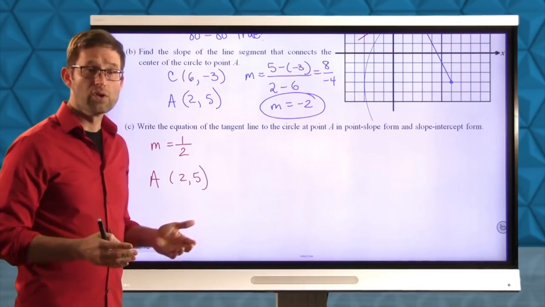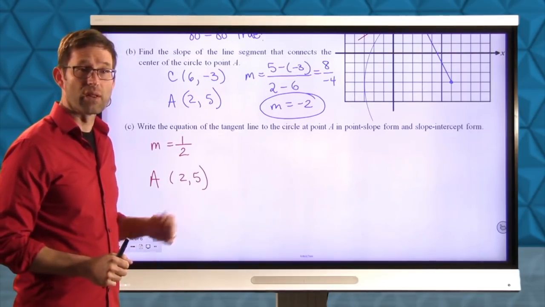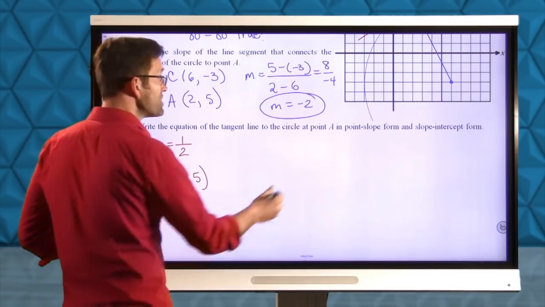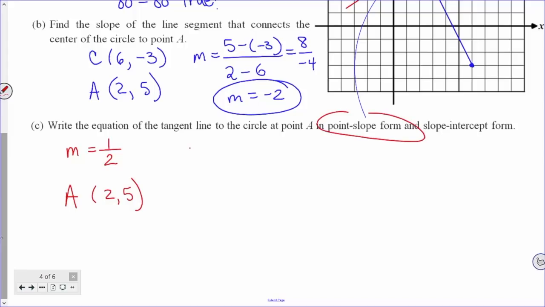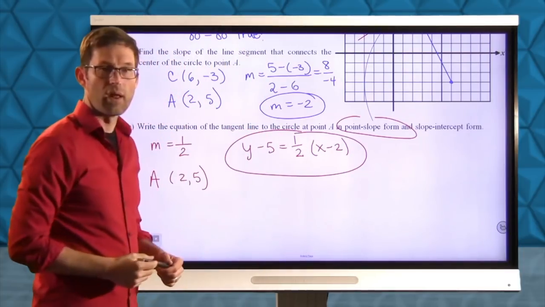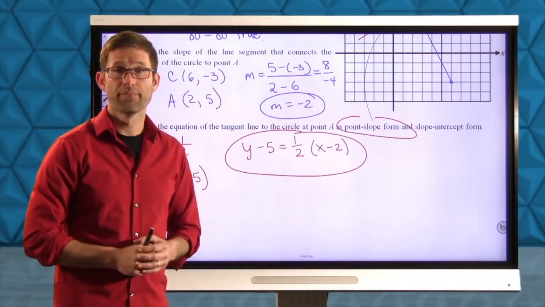I am writing the equation of the tangent line at that particular point. So now I can use that in my point-slope form. I can simply say y minus 5 is equal to 1/2 times (x minus 2). And that's the equation of my tangent line in point-slope form.